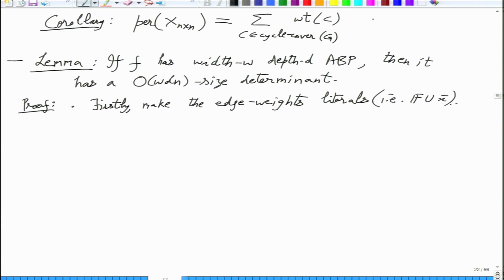That makes the width WN. That is not very important. Once you are in this situation, the width grows but the depth does not grow. So depth remains the same as before.